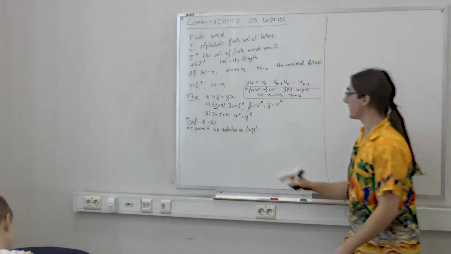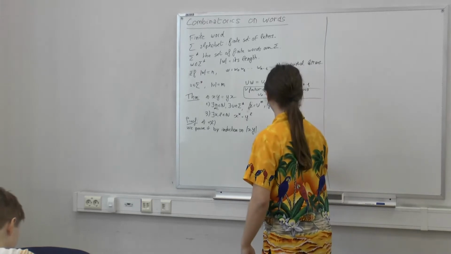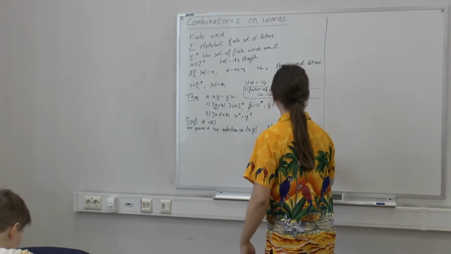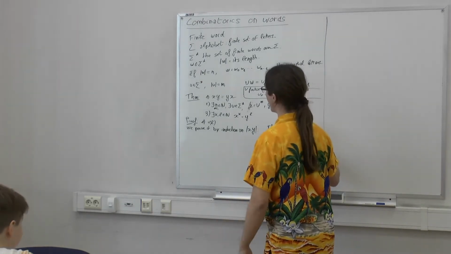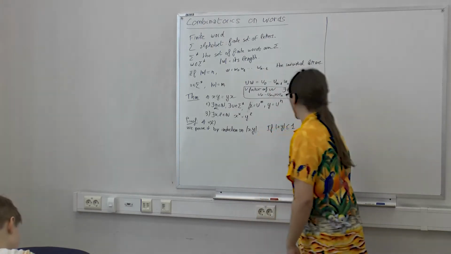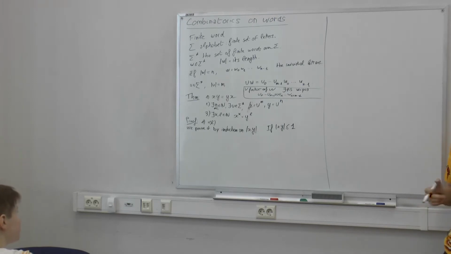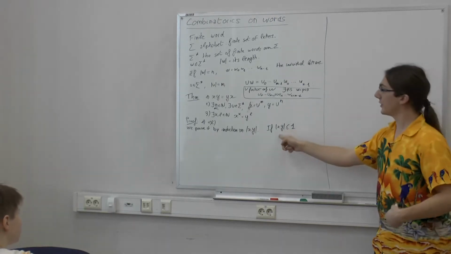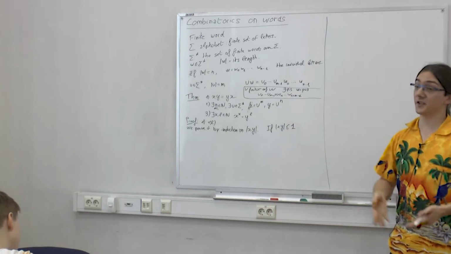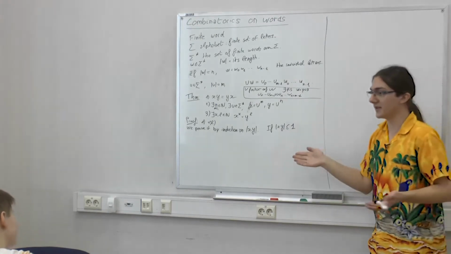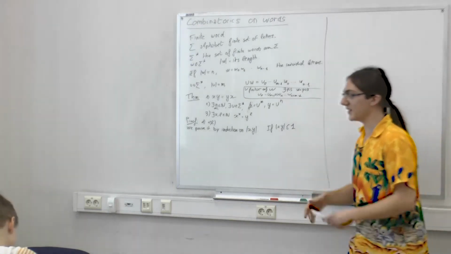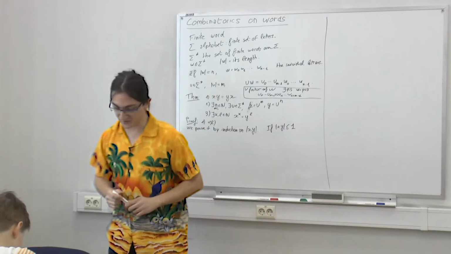And of course, if the length of xy is less than or equal to 1, then you have not much work to do. One of them will be the empty word, so power 0, and the other one will be just one letter to the power 1. Okay, there is nothing to say. So the initialization of the induction poses no problem.